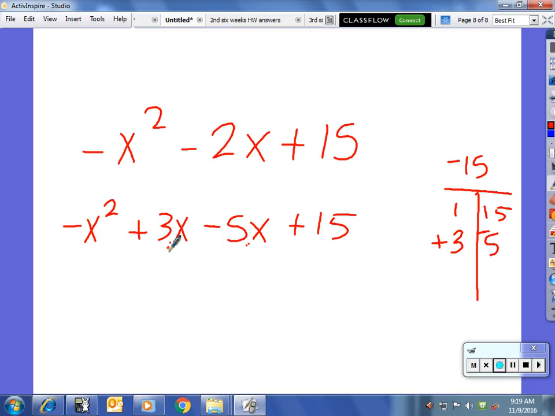Okay, what's the GCF of the first two? You could take out a negative x. Let's just try it with a positive x and see what happens. We'd be left with negative x plus 3. So I want to rig it to where I have a negative x plus 3 over here. So what would I take out now?